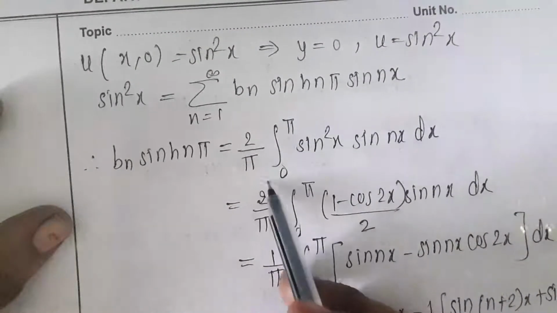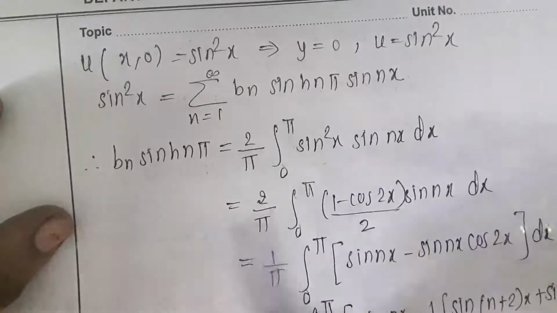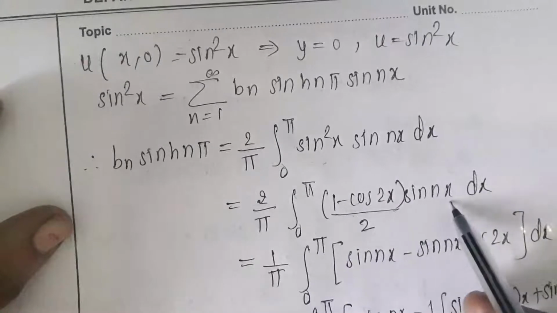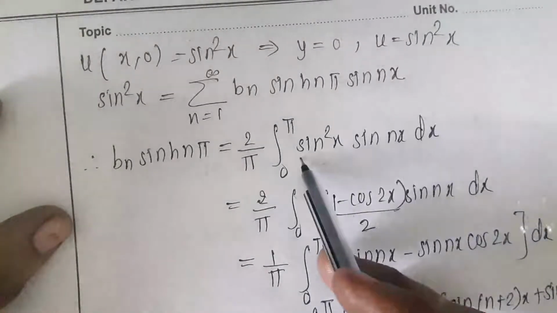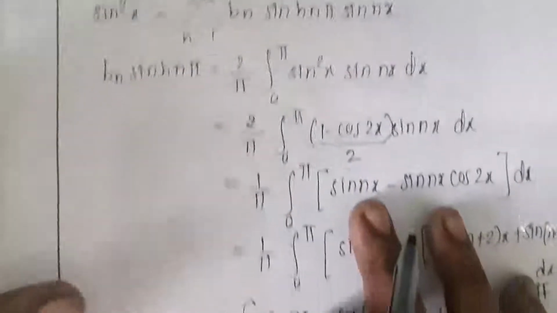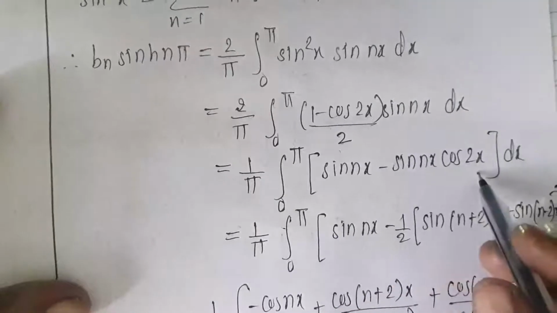So bn into sinh n pi is equal to 2 by pi integration 0 to pi sin square x into sin nx dx. So 2 by pi, 0 to pi, 1 minus cos 2x by 2 into sin nx, the formula for sin square x being 1 minus cos 2x by 2. Then multiply that with sin nx, we get sin nx minus sin nx into cos 2x.